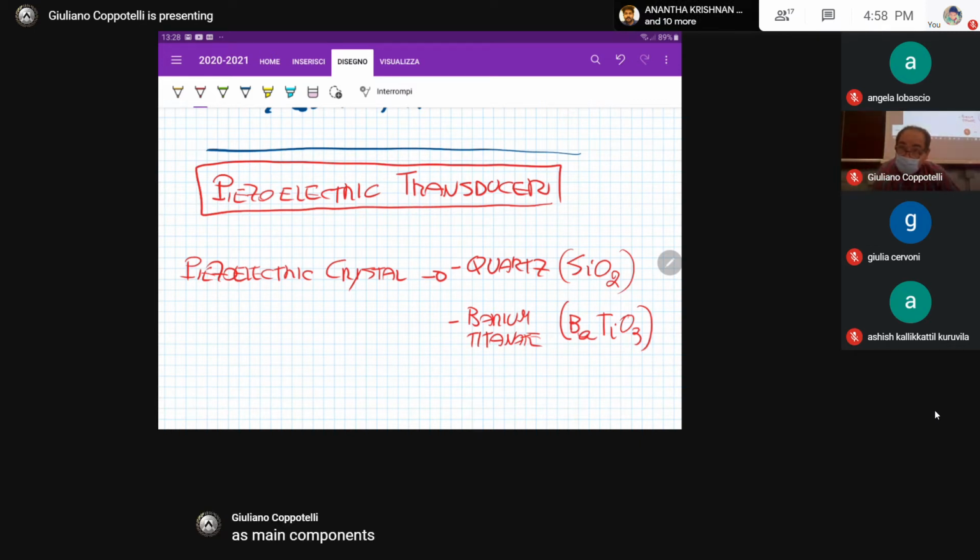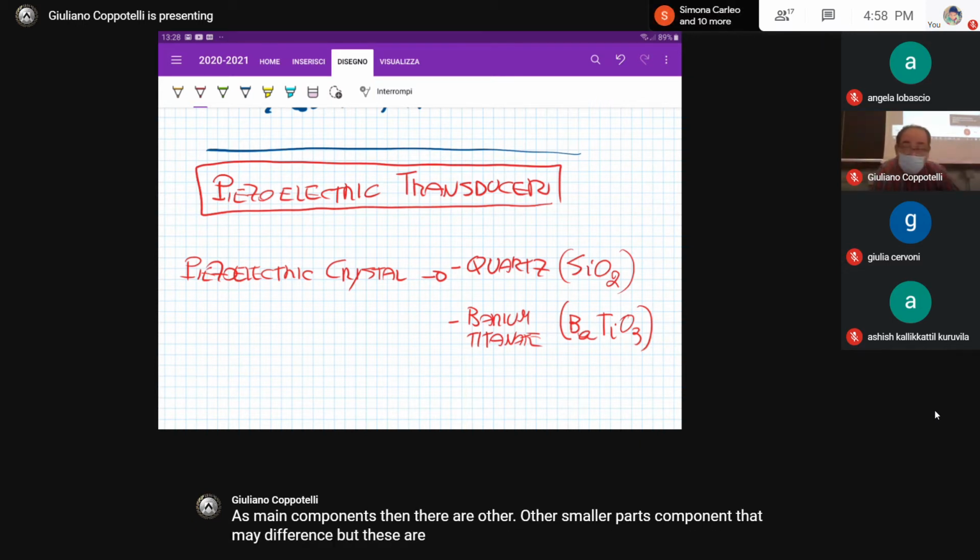Then there are other smaller component parts that make a difference, but these are the main components.